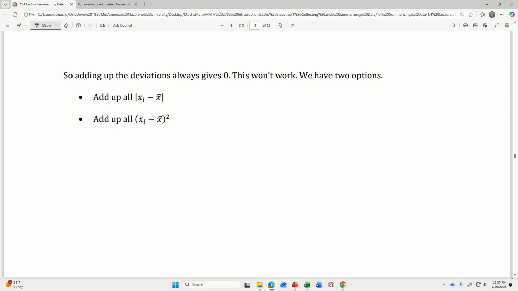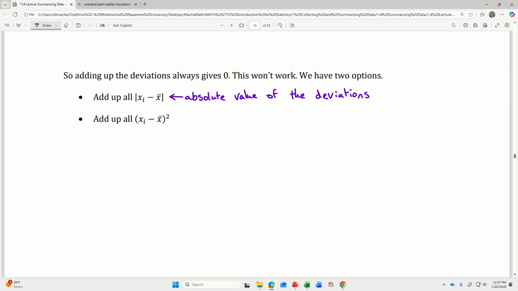Instead, what I could do is calculate the absolute value of the deviations. That way, all of the deviations are made into positive numbers, and when I add up all of the positive numbers, it can't be 0. It's got to be a positive number. Or the other thing I could do is square it.